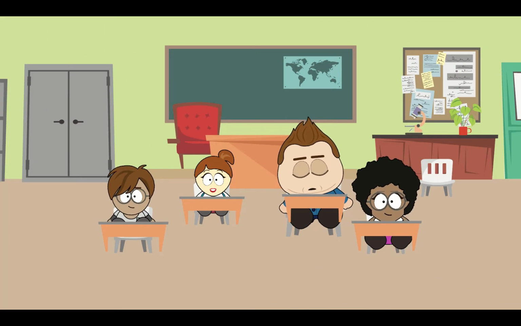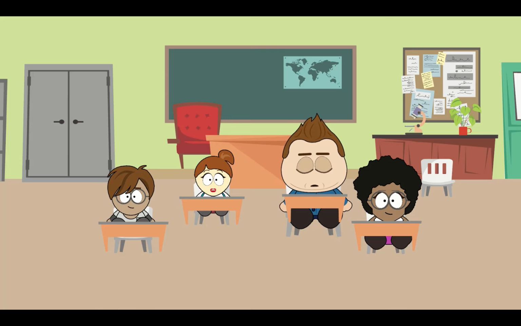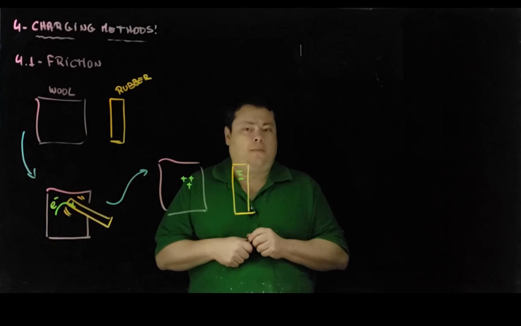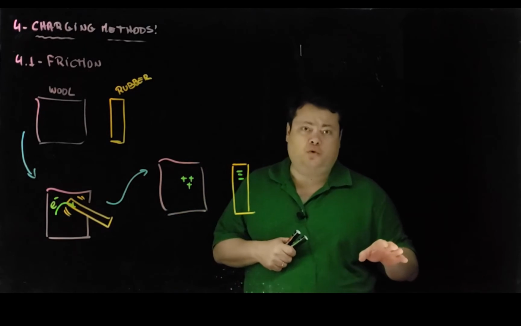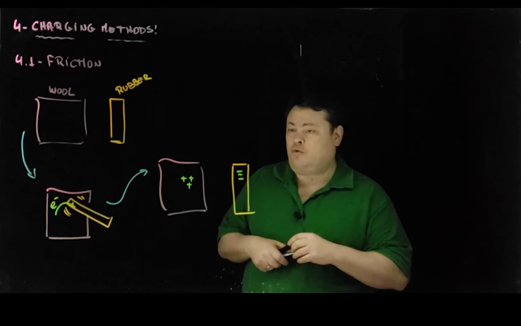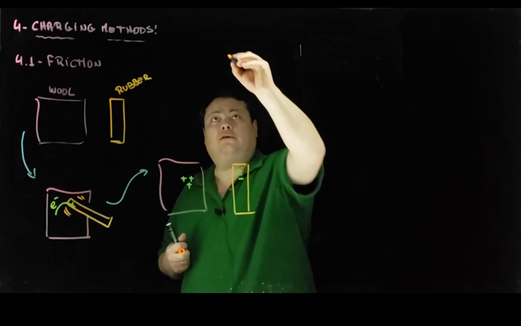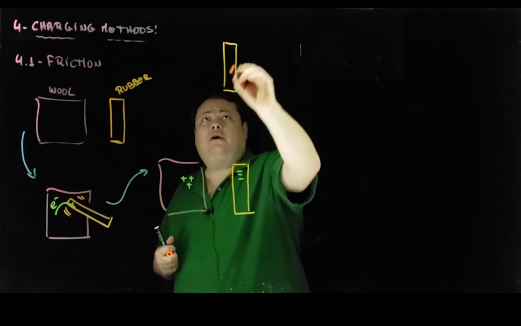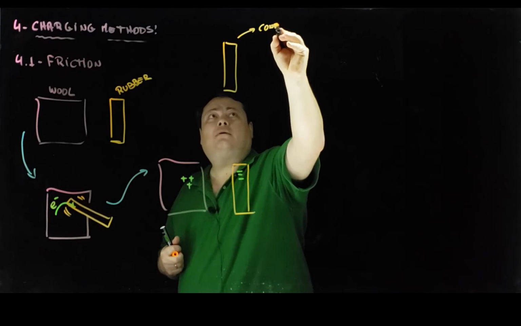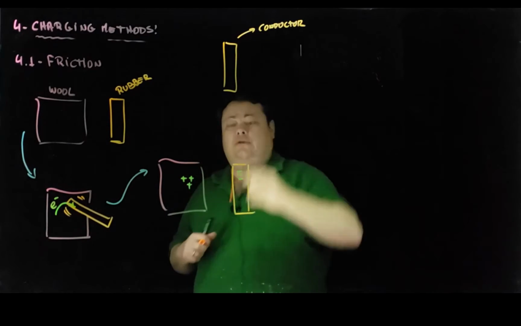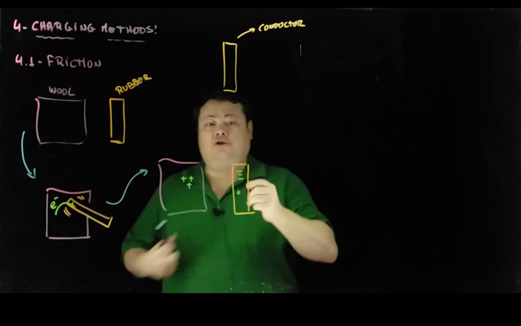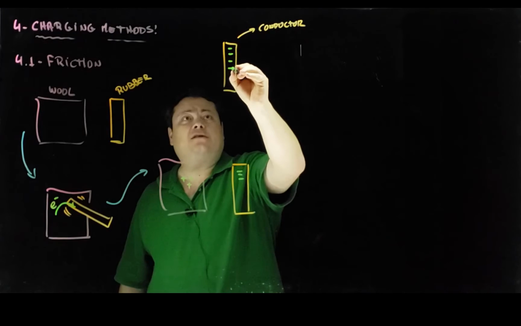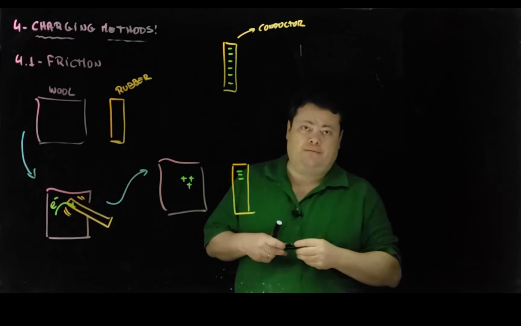Yes? Mr. Frohlich, what if the rod was a conductor? Would we be able to charge the rod and the wool? No. If you are using a conductor, that would not work this way. Because when you rub, if this here was a conductor, when you rubbed the conductor against the wool, this charge would have a tendency to spread all over it.